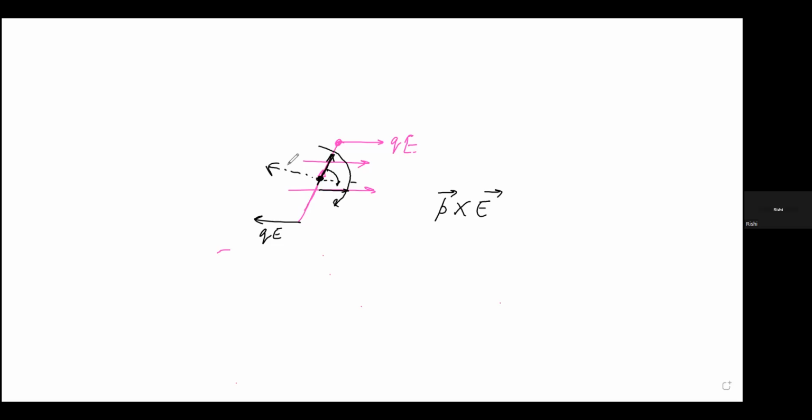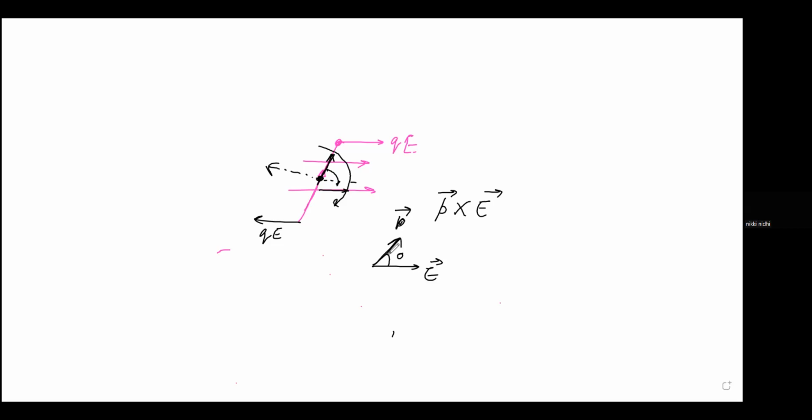Yes, sir. So did you understand? So this vector is perpendicular, into the plane or out of the plane, perpendicular to the plane containing the two vectors. This is the P vector, this is the E vector, this is angle theta.